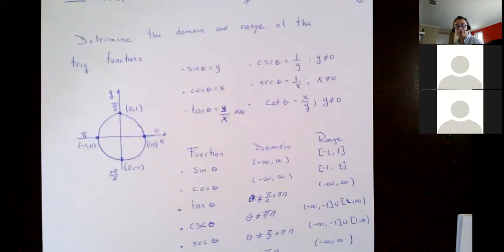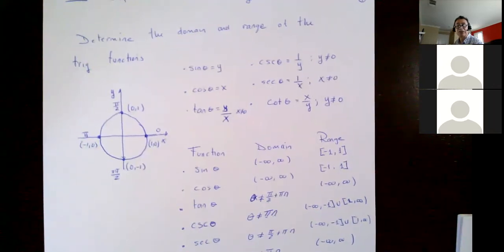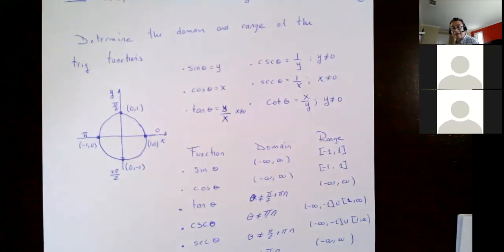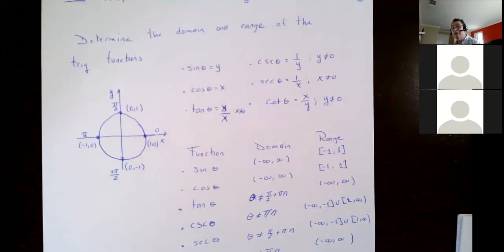Notice we have the trig functions, and also the unit circle right there. From the unit circle, we can get the domain and the range. For sine and cosine, the domain is from negative infinity to infinity, and the ranges are from -1 to 1. So let's understand why that is.